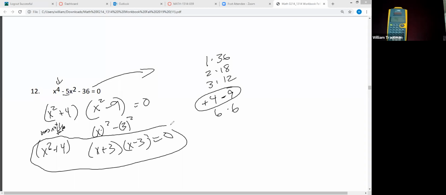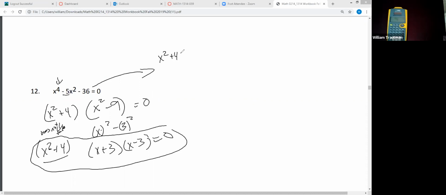Okay, then I'm going to erase this part. So there's this x squared plus 4 equals 0. If I get the 4 to the other side, x squared equals -4. Square root both sides.